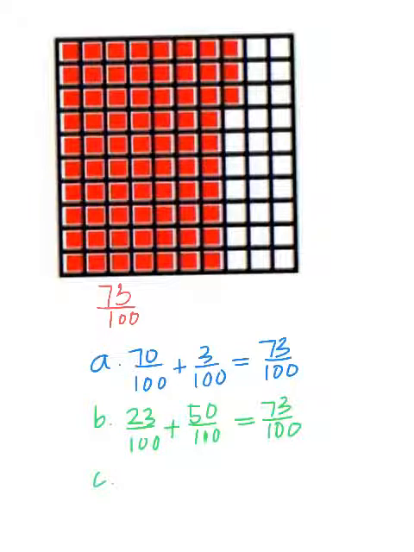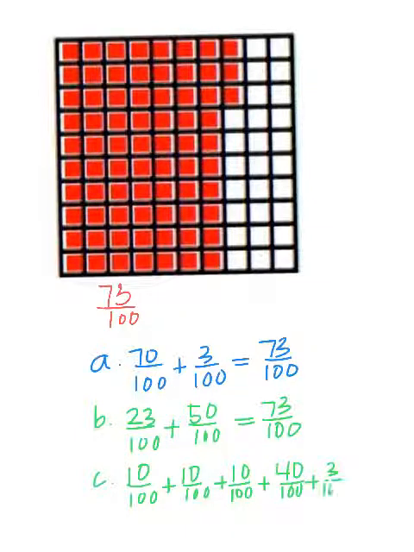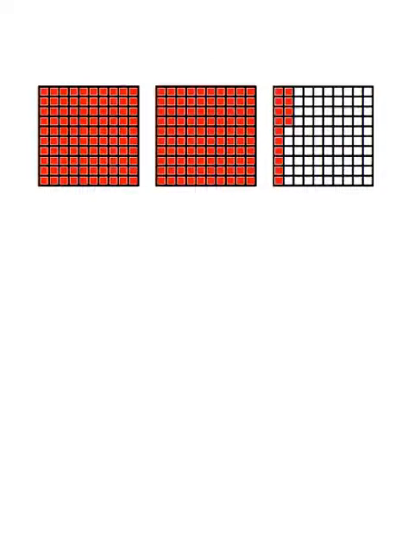We could choose to do 10 hundredths plus 10 hundredths plus 10 hundredths plus 40 hundredths plus 3 hundredths to get the same thing of 73 100ths. All right, I'm going to give you a couple minutes to look at these hundredths grids and see if you can record the fractional amount that is shaded.